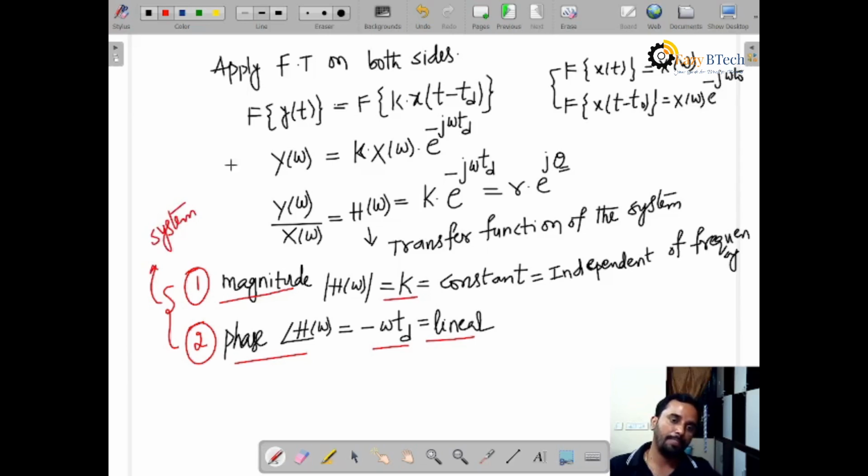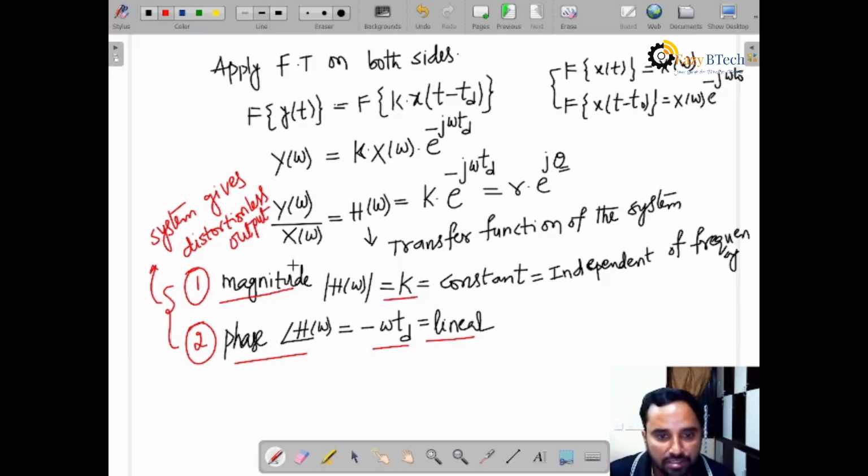The system gives distortionless output if these two conditions are satisfied. So these two are the conditions.